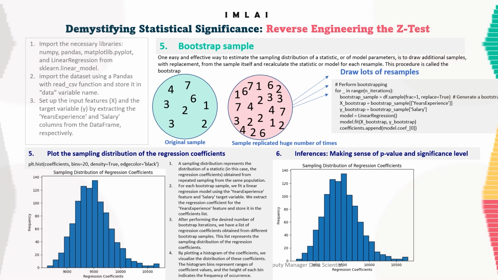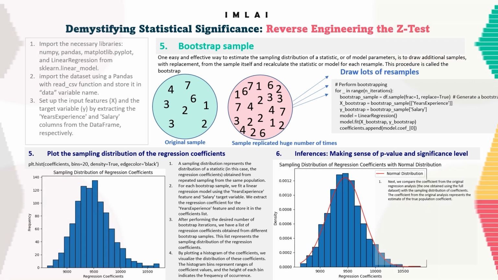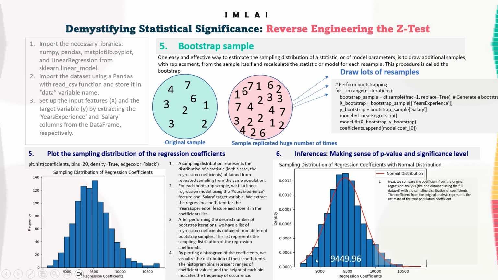Now let's plot a normal distribution curve on top of this, because it looks by and large like a normal distribution curve. So I have drawn a normal distribution curve on top of the sampling distribution, the histogram, and I tried to fit the normal distribution curve on the histogram. This is the standard normal distribution curve that you can see here.